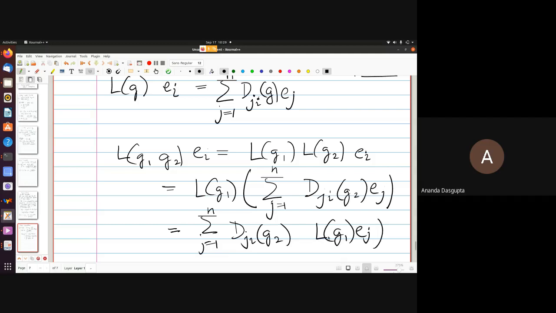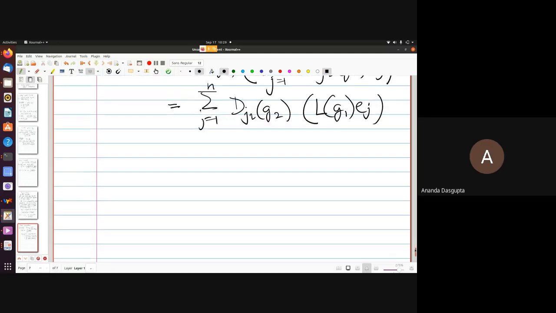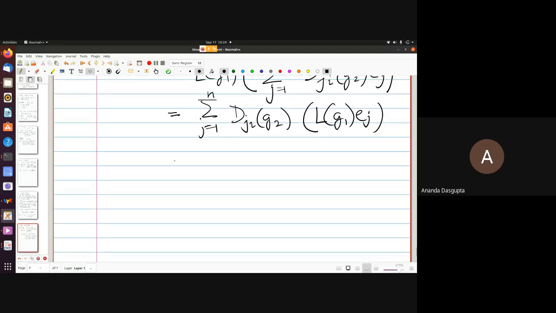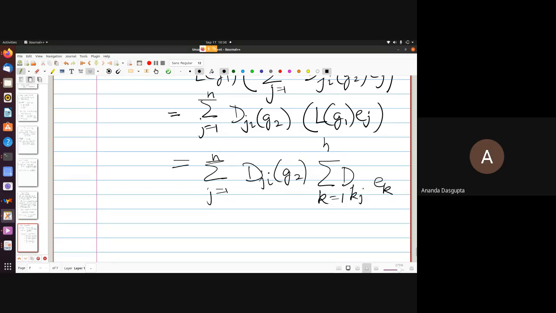LG1 goes and hits Ej, and following the same pattern as before, we get a sum over k equals 1 to N of D_kj of G1 times Ek. Then comes the rather fancy trick of interchanging the two sums, doing the k sum later and the j sum first.